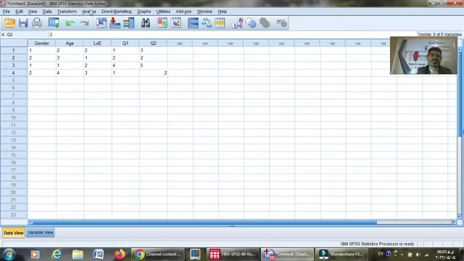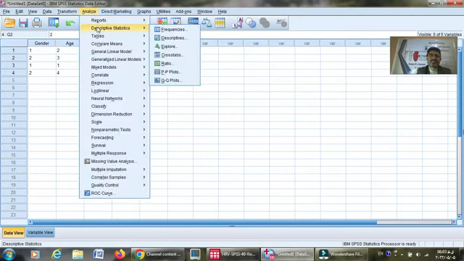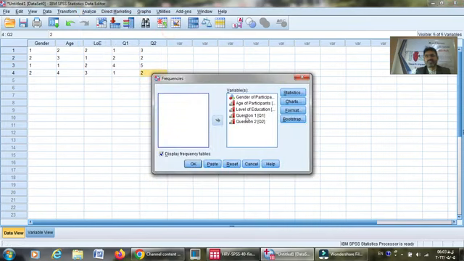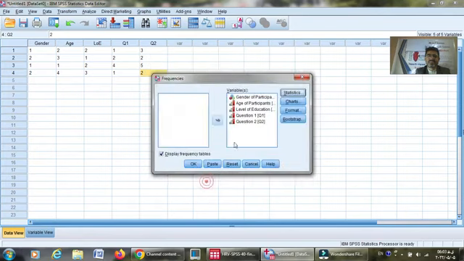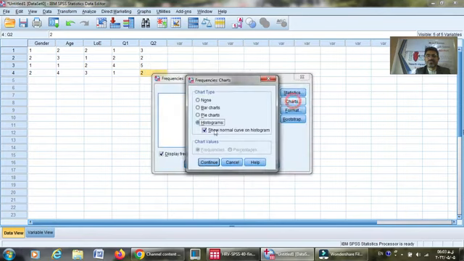Then we go to analysis. We choose descriptive and frequencies. Now we have already transferred all these options to this section. Then we start statistics. We choose mean and standard deviation. Then we go to charts. We use histograms and also the normal curve.